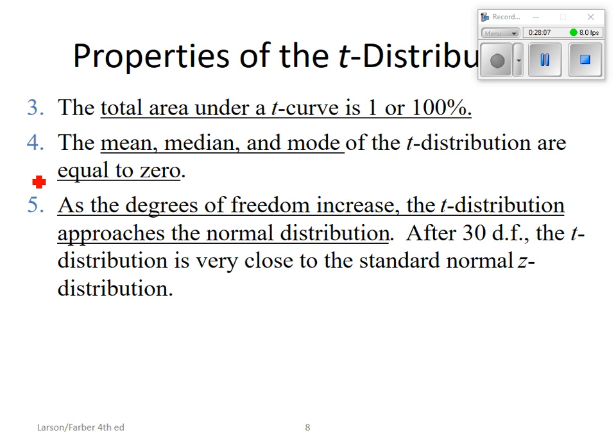As the degrees of freedom increase, the t distribution gets closer to the normal. So as we get a bigger n, we get closer and closer and closer to being normal. And when we get to 30, then we're at that normal curve, or very close to it.